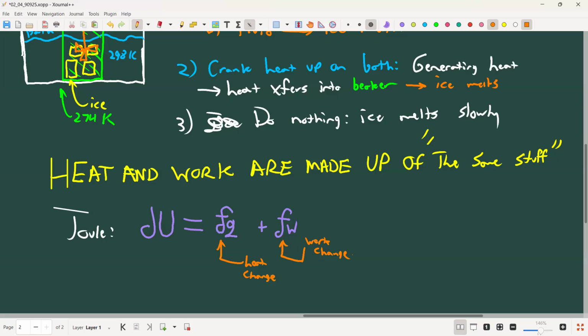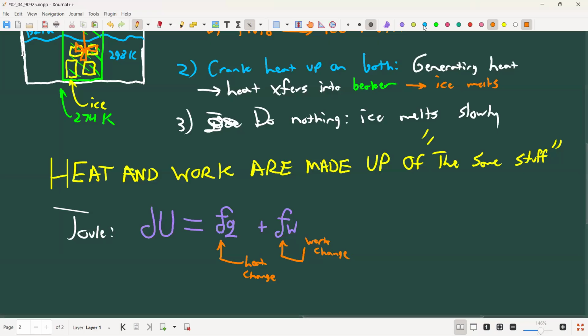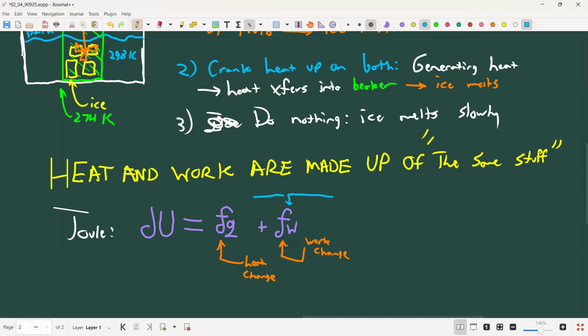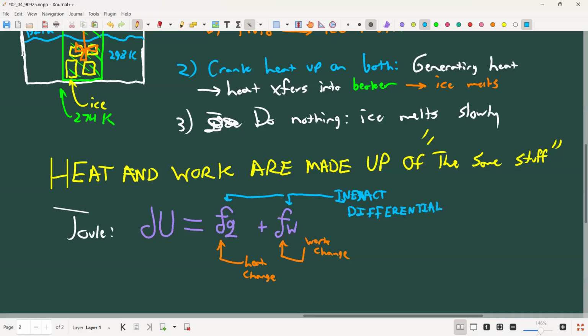These are what are called, and I want to explain this graphically to you, inexact differentials. They're different than a partial derivative.